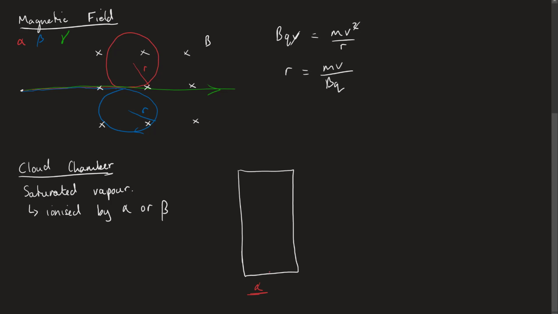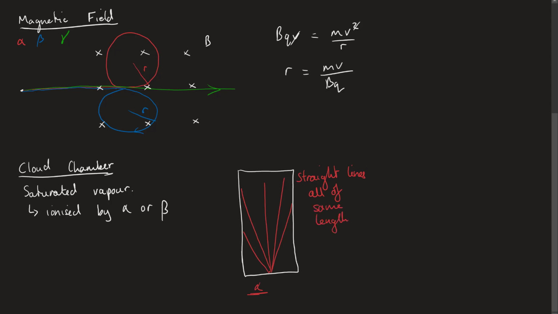Assuming the source is somewhere down here, alpha particles move in dead straight lines. They just get emitted from the source, and the way you see them is straight lines, all the same length.